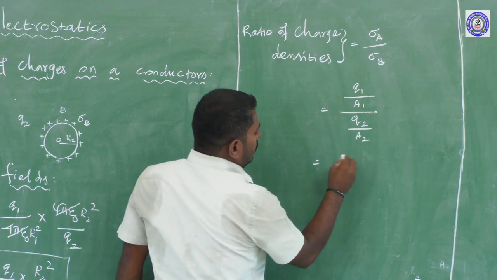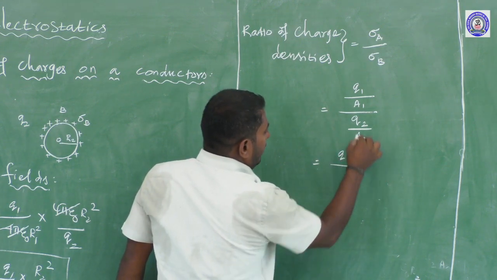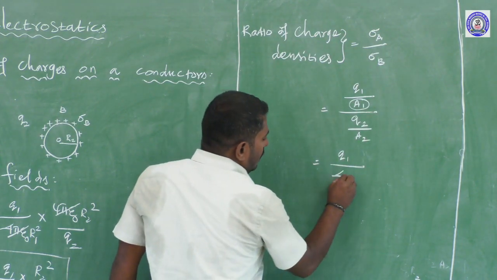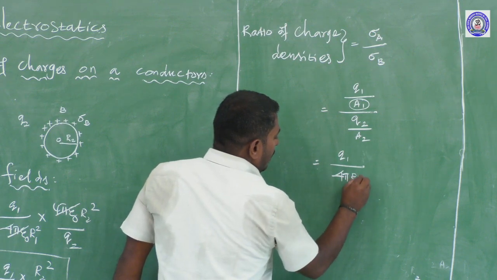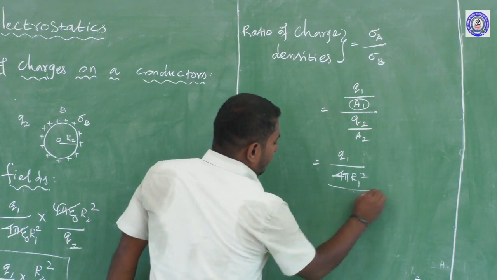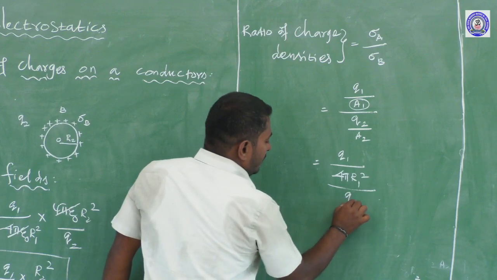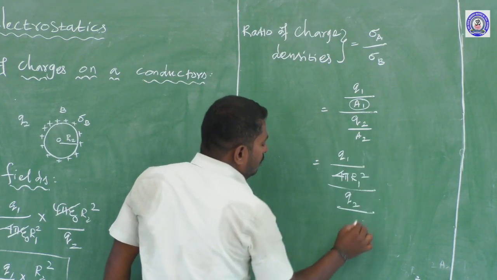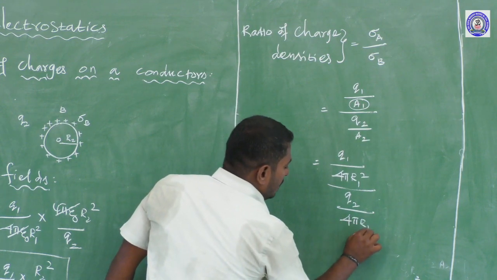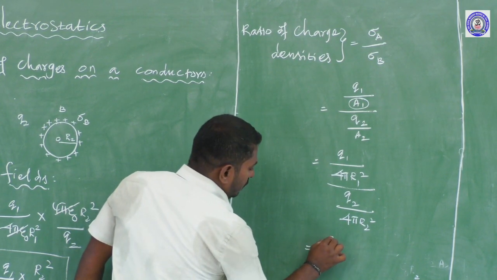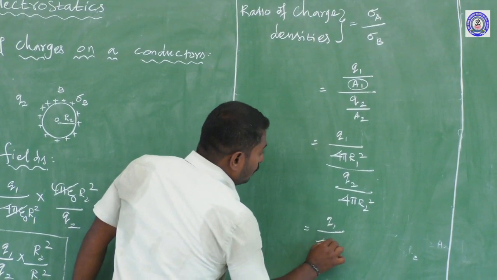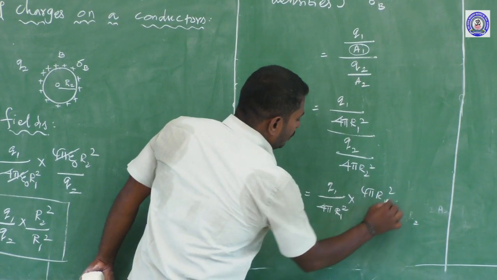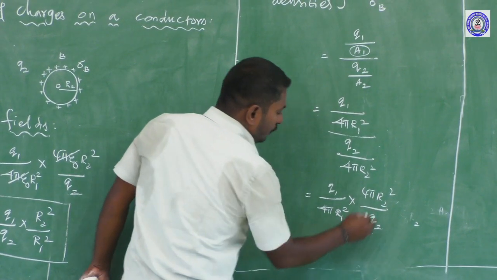A1 is the surface area of the A metallic sphere, 4 pi R1 square, divided by Q2, the charge on the B metallic sphere, divided by the surface area of the B metallic sphere, 4 pi R2 square. Which is equal to Q1 divided by 4 pi R1 square, into 4 pi R2 square divided by Q2.